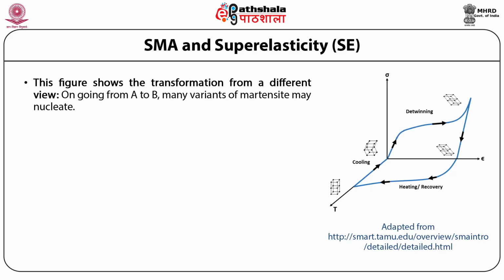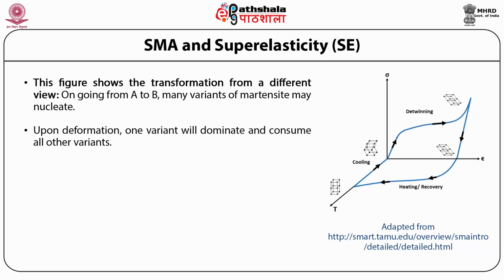So this figure shows the transformation from a different point of view. When we cool from the parent phase to below the MF temperature, we obtain several variants of martensite which are related to each other by twinning. Upon loading, one variant dominates and starts to consume other variants until complete detwinning occurs, and it has been shown in the figure clearly.